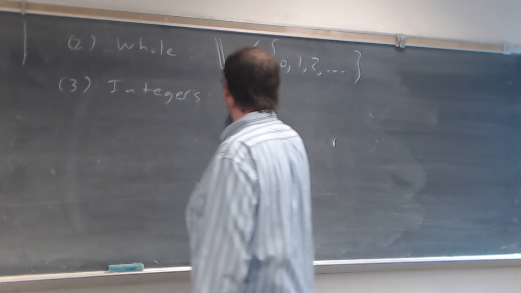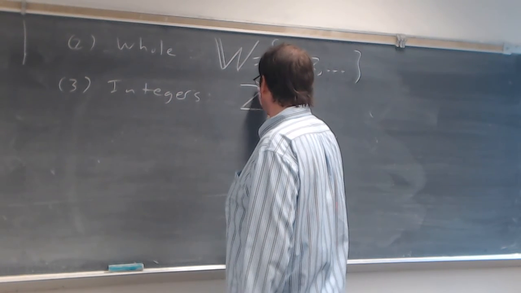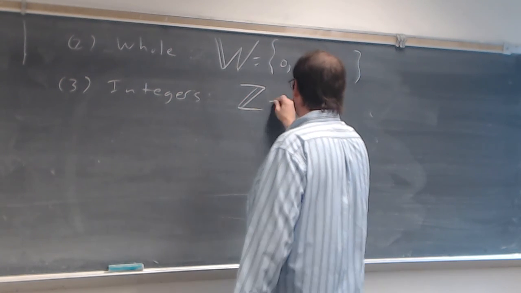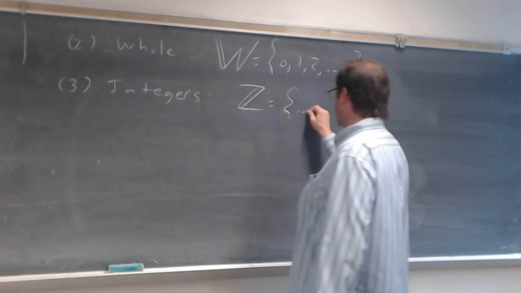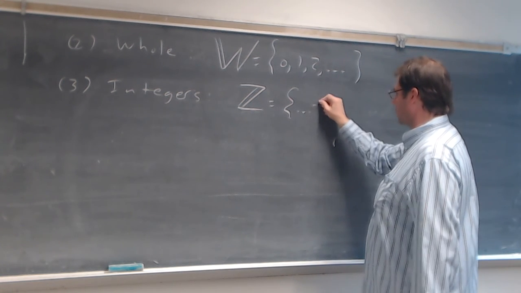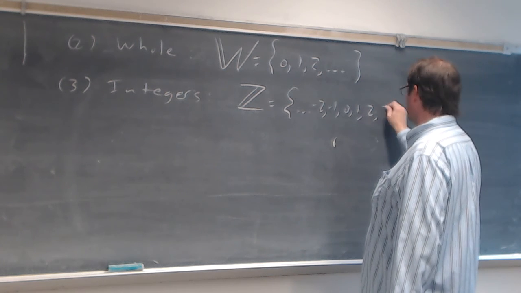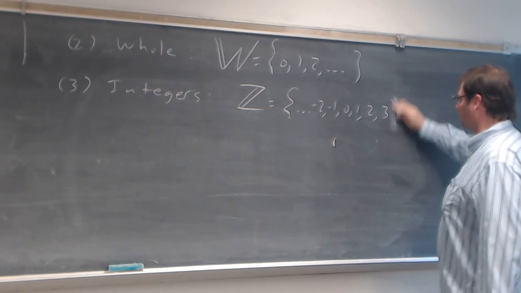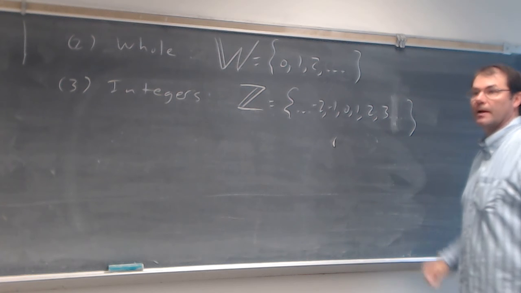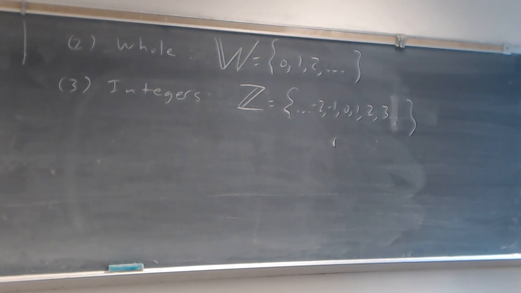And they're represented by script Z. Okay. And we've got a bunch of numbers before the ones I'm going to list, but I'll start with -2, -1, 0, 1, 2, 3, and so forth. It goes on forever in this pattern. Okay? And so this is plus or minus the whole numbers.